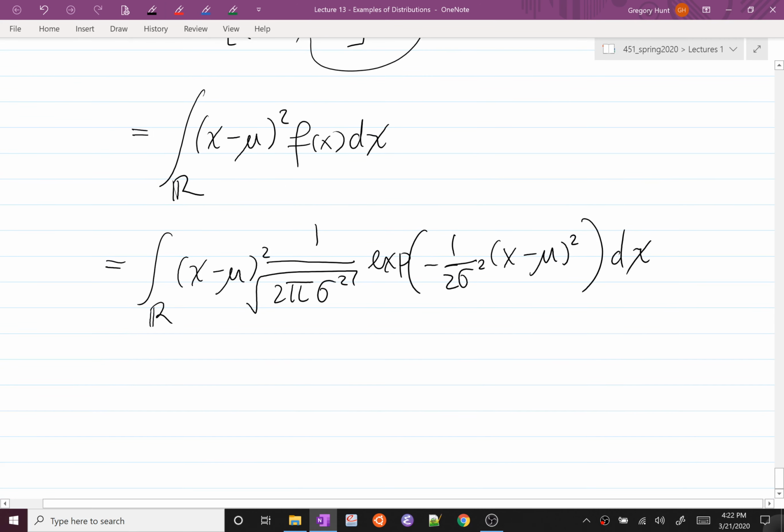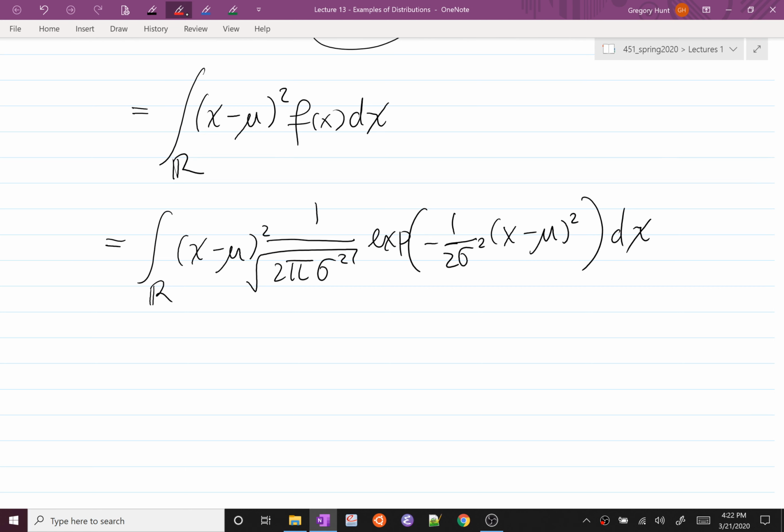Okay. And again, we're going to use a tricky change of variables. We're basically going to do a z-score. So we're going to define y as (x minus mu) over sigma, sigma being the square root of sigma squared.